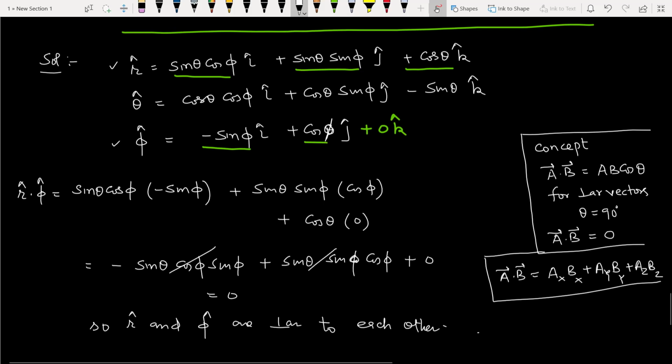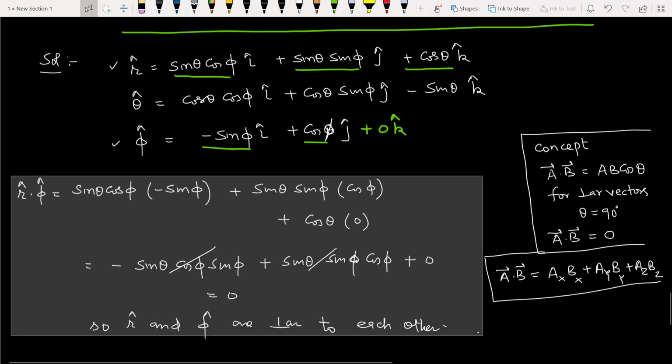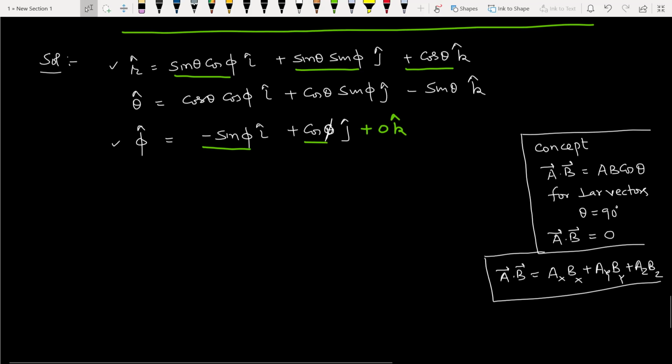Now we come to the next pair of unit vectors. Last one is left, which is this one. So we find theta cap dot phi cap.